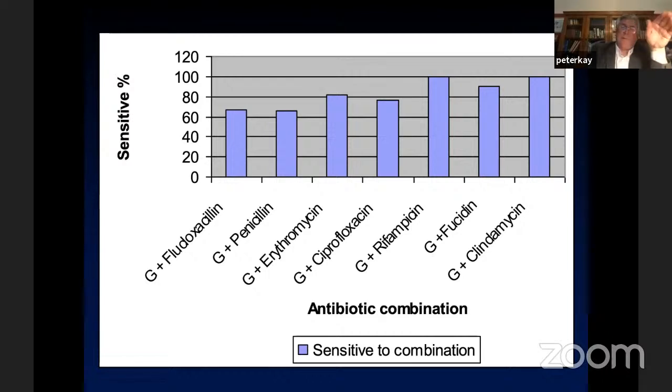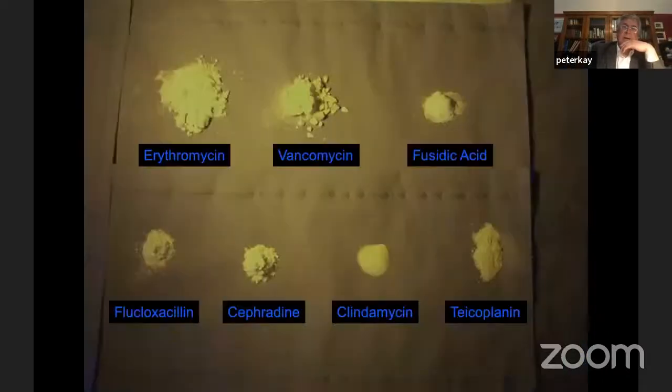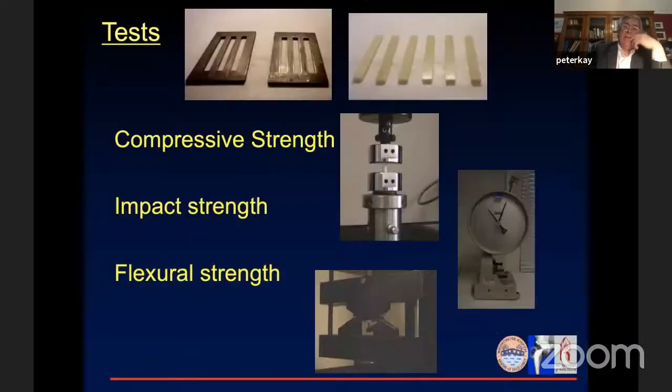And we've added a variety of different antibiotics to the gentamicin cement. I mean, obviously there are some proprietary brands available as well. We looked in detail at our use of extra antibiotics, which obviously looks very different macroscopically in terms of what the powder is like. And Anil Gambhir, as part of his thesis working with me, measured the structural strength.